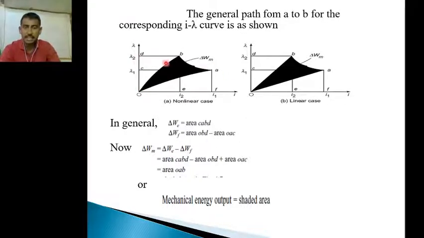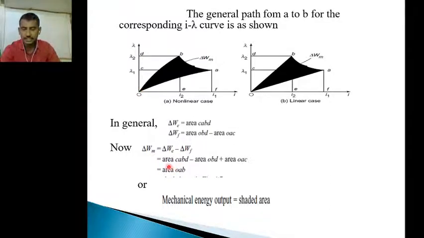This energy minus the area of OBD, and the area of OAC. That means if you add the area of CABD and OAC, what do we get? This total term.